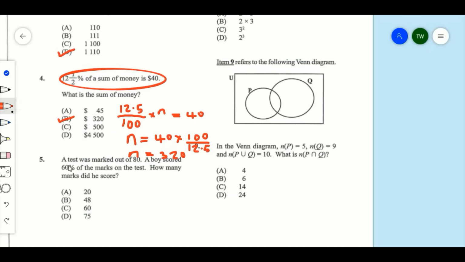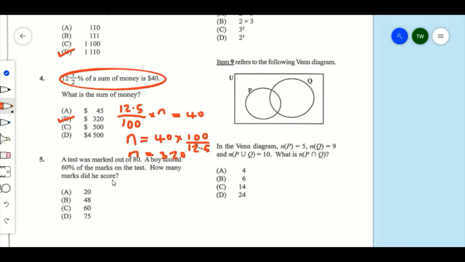Question 5. A test was marked out of 80. A boy scored 60% of the marks on the test. How many marks did he score?